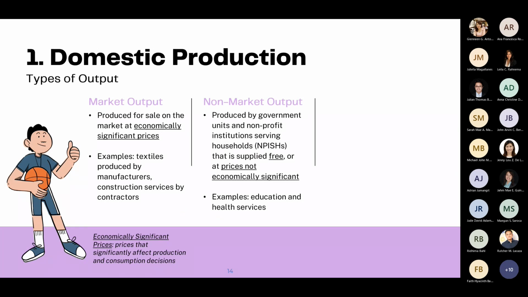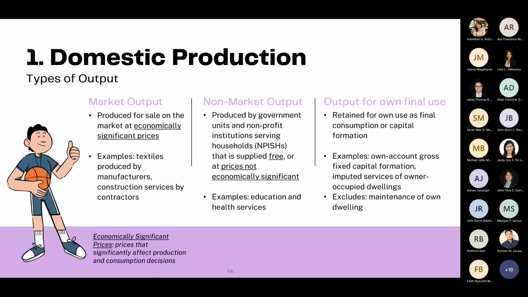these institutions. Finally, we have output for own final use. So these are products usually retained by the producer for his or her or its own use as final consumption or capital formation. So meaning the producer has spent to produce these, and then they will actually consume these products for final consumption or capital formation.